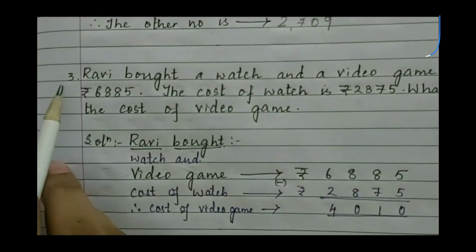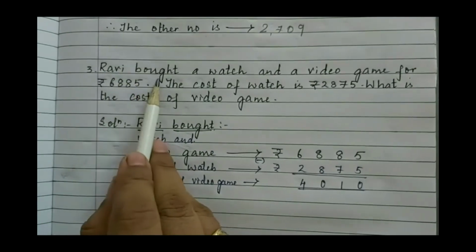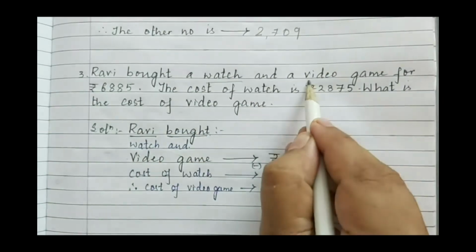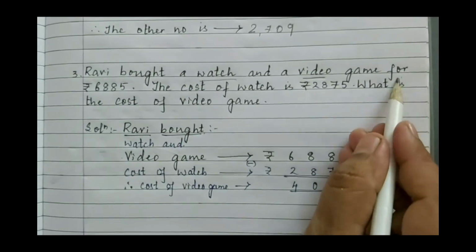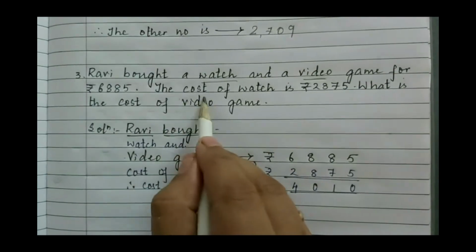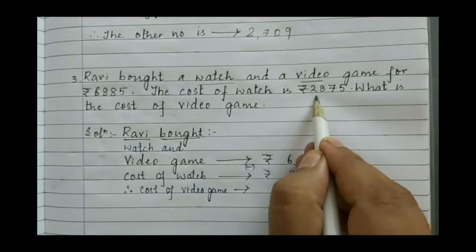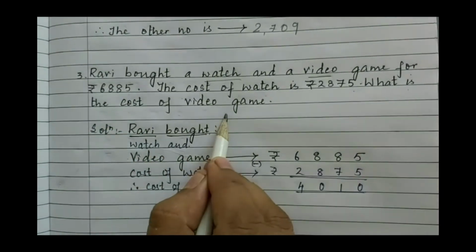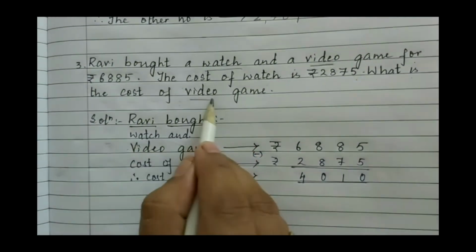Then let us go for the third one. Ravi bought a watch and a video game. What he has bought? Watch and video game for 6885. The cost of watch is 2875 rupees. What is the cost of video game? We need to find for separate video game.